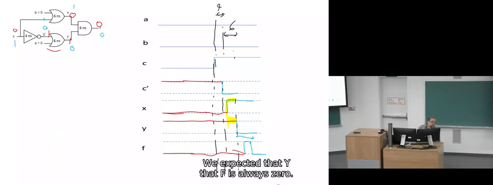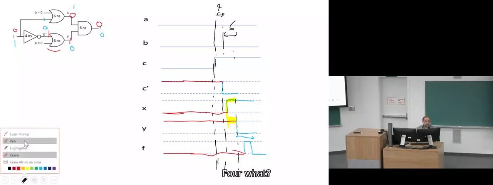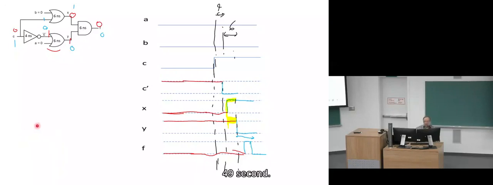We expected that f is always 0, but because of the difference in the path delay of these two, at some point y stays 1, and that causes f to become 1 here. The glitch is 4 or 6? 4 nanoseconds, yeah.